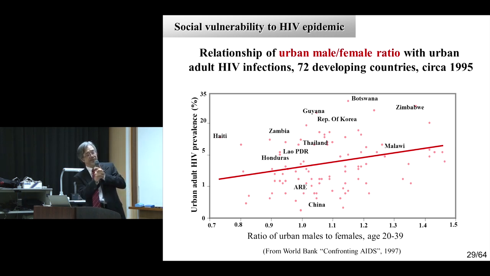This is urban male-female ratio, not in the rural area. So that means, in the cities with a higher ratio, there are more immigrant male populations visiting the city to find jobs. Okay, so this relates to HIV prevalence. Why does it happen?